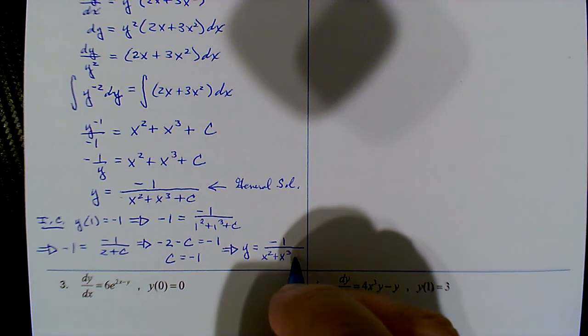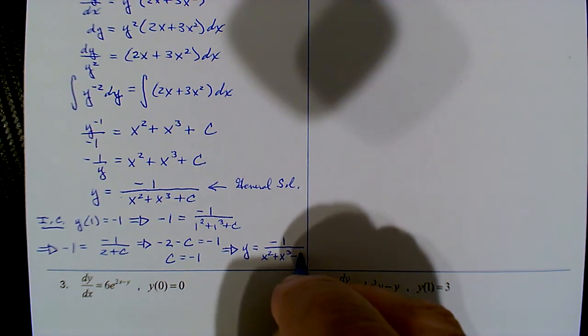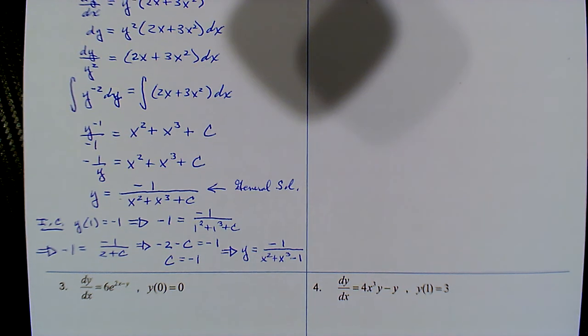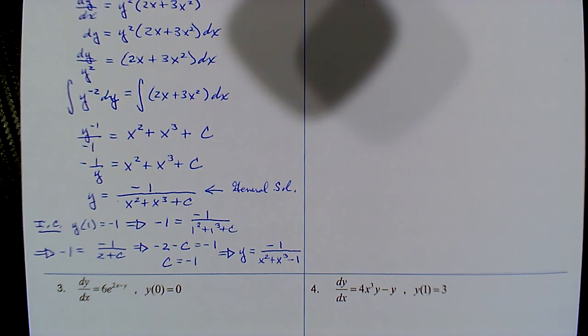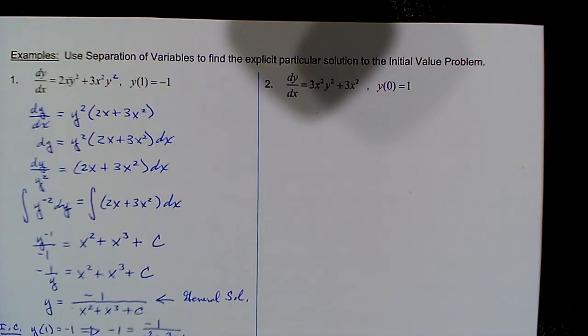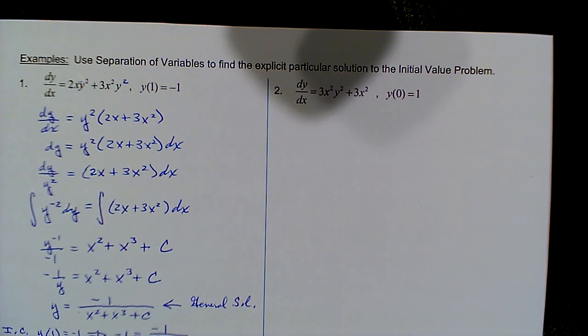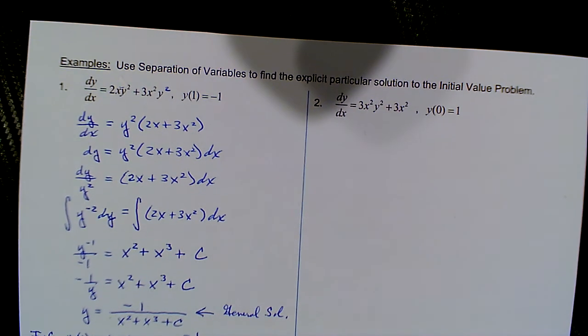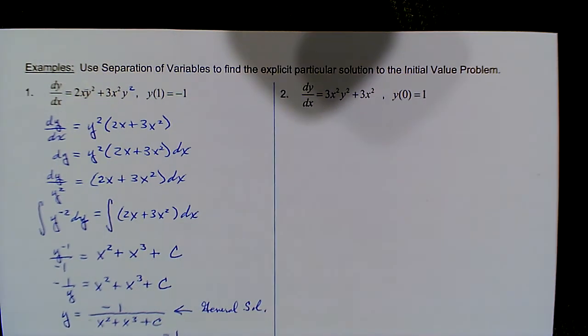Okay, so now we have a second example. Again, this is a situation where the right-hand side needs to be factored. Factor out y squared, and we're left with 3y squared.